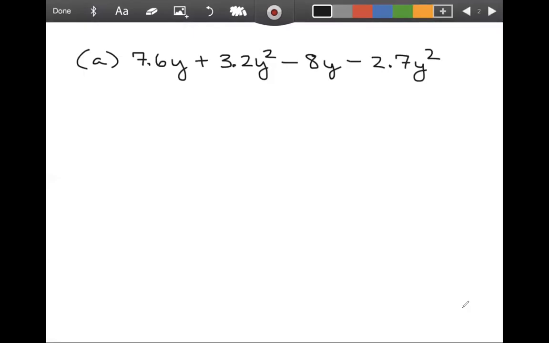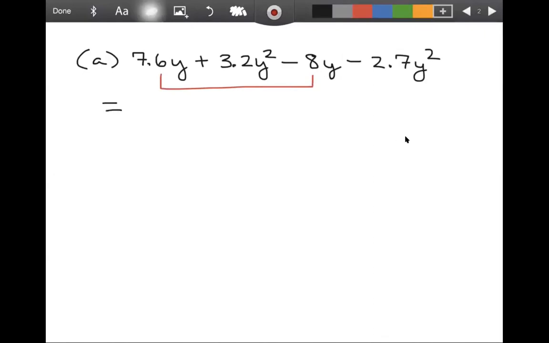All right, so we'll start with 7.6y plus 3.2y squared minus 8y minus 2.7y squared. So what I'm going to do is, well, I don't think we really need to write the like terms next to each other. We can just recognize that 7.6y and minus 8y are like terms.